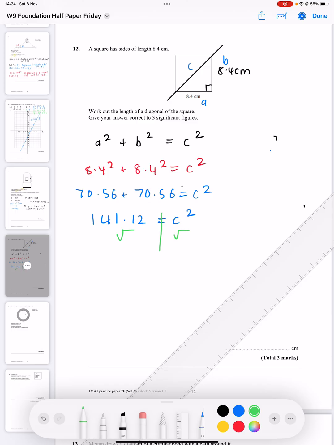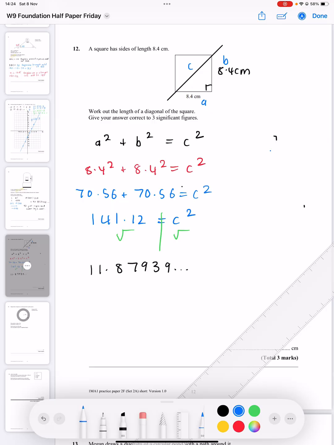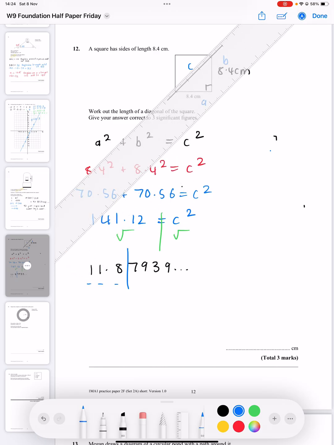So square root of 141.12 gives me 11.8793, and it continues. And I need to round to 3 significant figures. 1, 2, 3. That 7 tells me to round 8 up to 9, 11.9 centimetres to 3 significant figures.